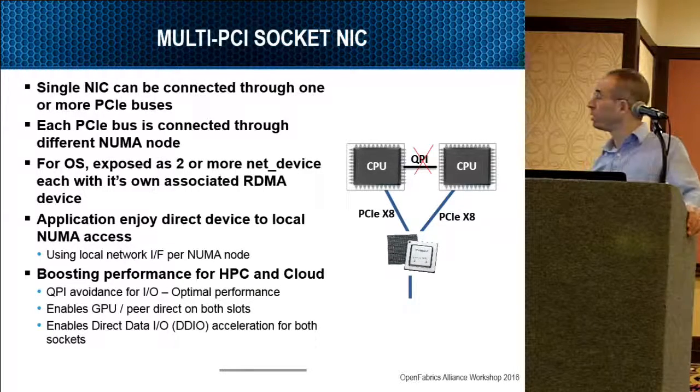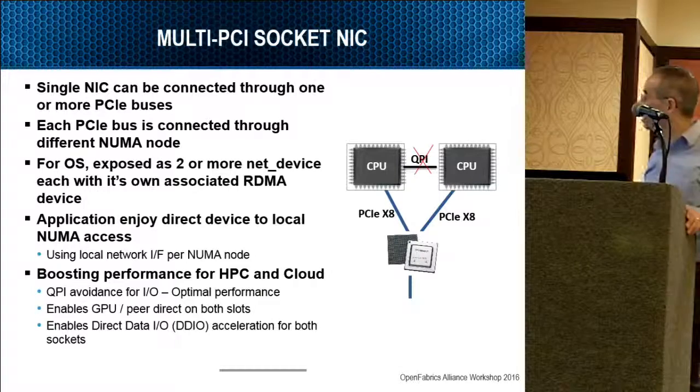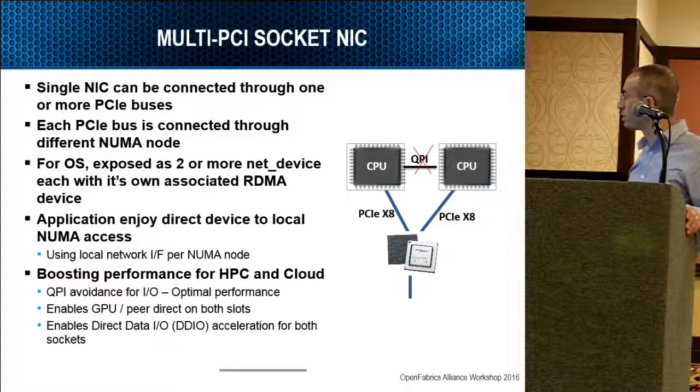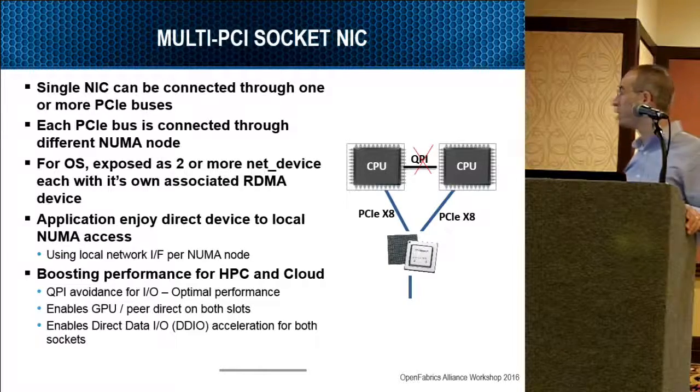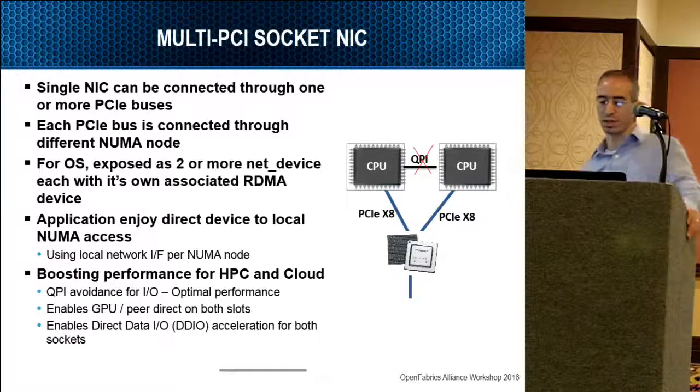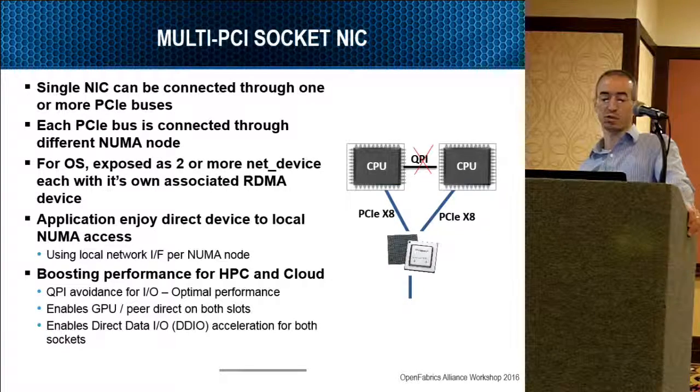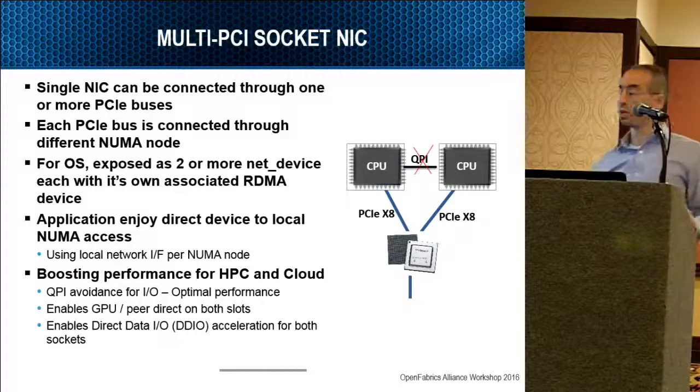In this example, we show that a single network card is connected through two PCIe by 8 wires. Each PCI bus is connected to a different NUMA node. For the operating system, it's exposed through two different network devices, two different PFs.